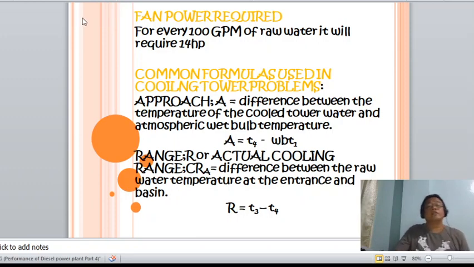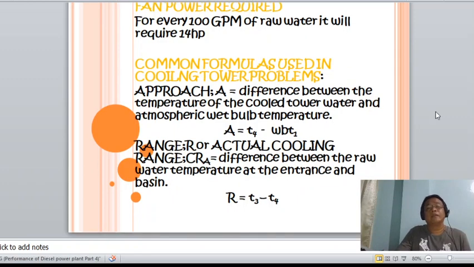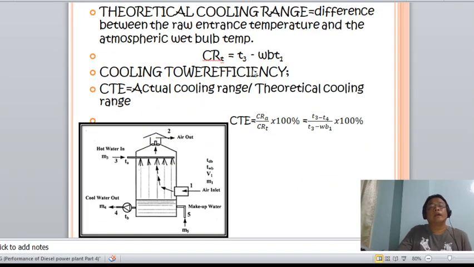Okay? So, we have also the common formulas used in cooling tower problems. Approach is the difference between the temperatures. Cooling tower range was already mentioned a while ago. And we have the theoretical range, the difference between the water entrance temperature and the atmospheric wet bulb.